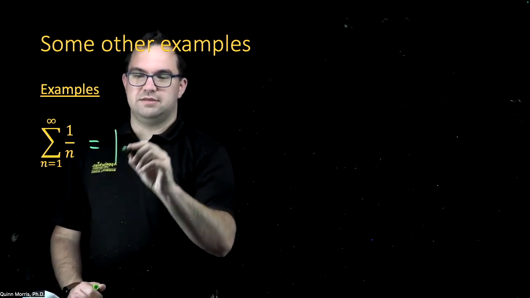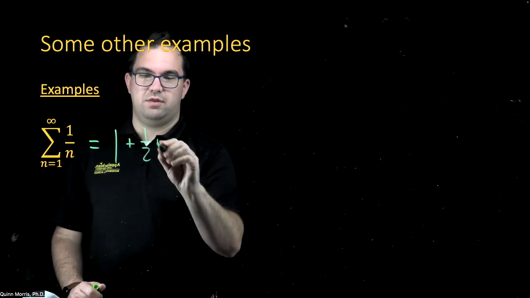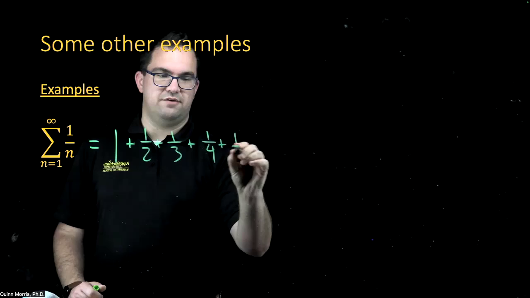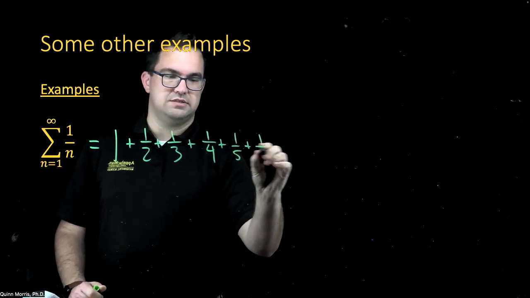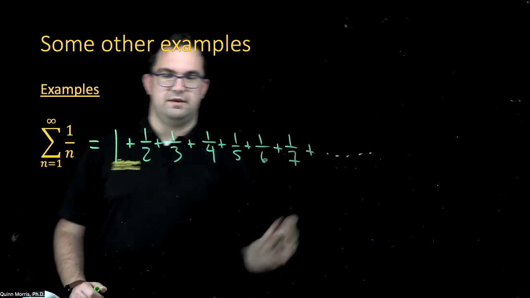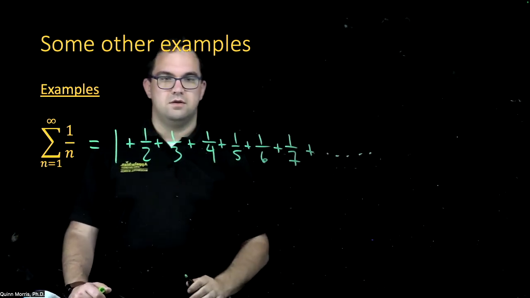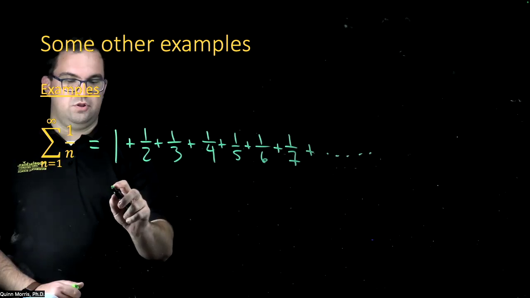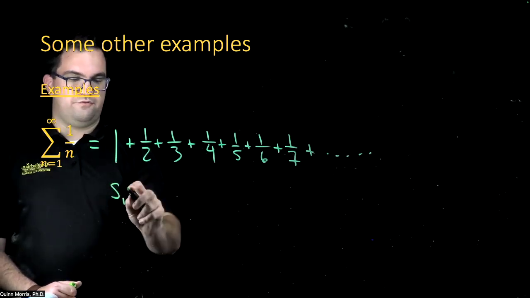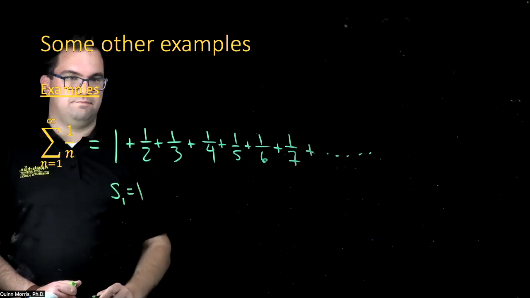If I were to write these out again, so 1 plus 1/2 plus 1/3 plus 1/4 plus 1/5 plus 1/6 plus 1/7. It's probably enough terms. Okay. So what they actually do is you look first at the first partial sum.